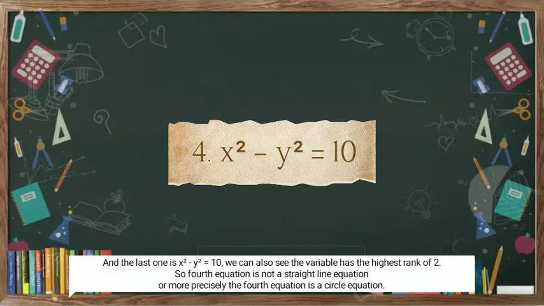And the last one is x squared minus y squared equals 10. We can also see the variable has the highest rank of 2, so the fourth equation is not a straight line equation, or more precisely, the fourth equation is a circle equation.